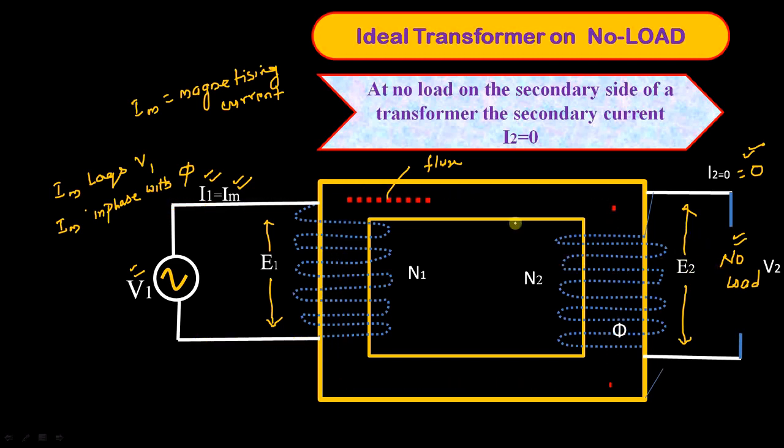Therefore, E1 opposes V1 with equal magnitude.